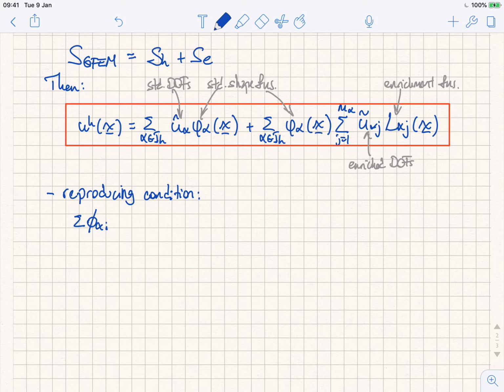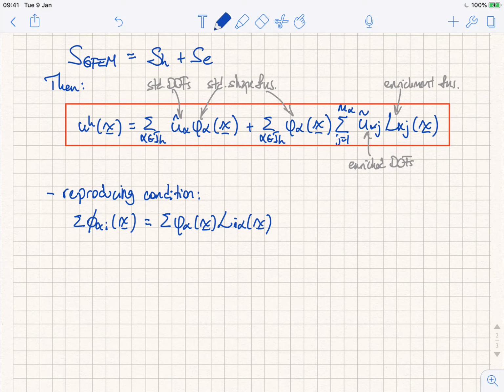Notice my change, I'm now using the phi to represent the generalized enrichment function, which is a product of the two, which is basically phi alpha x multiplied by, right?